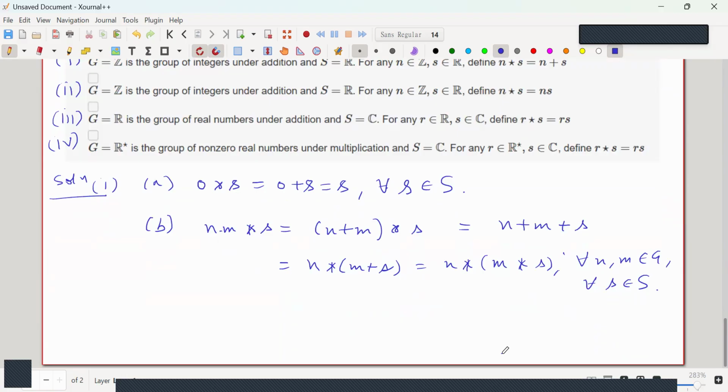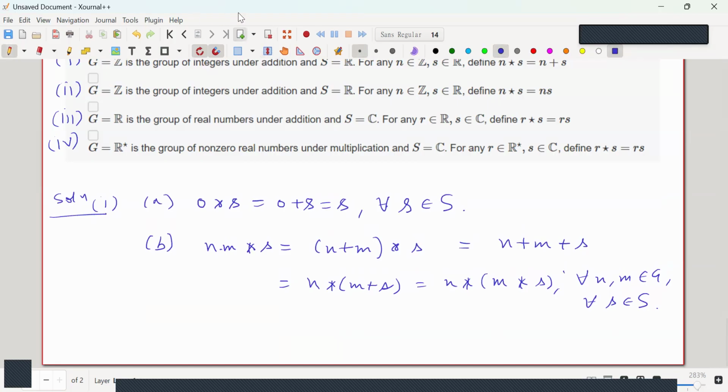I was just checking whether the rule is this or written in some other manner, looking at the lecture notes. The same convention is there. I'm putting n first and then m, so it's in alignment with the lecture notes. That's fine. So it forms a group action.